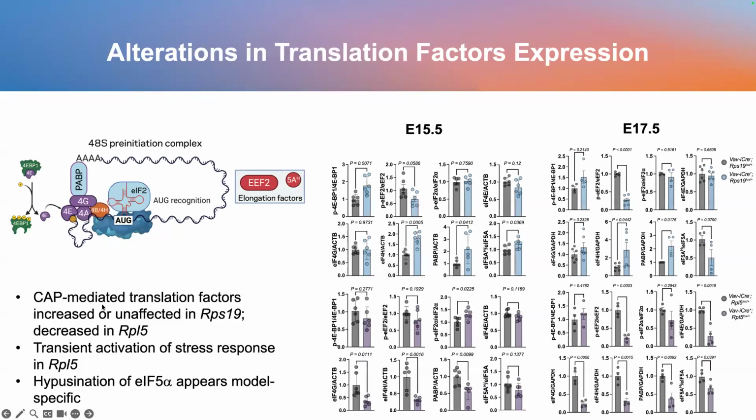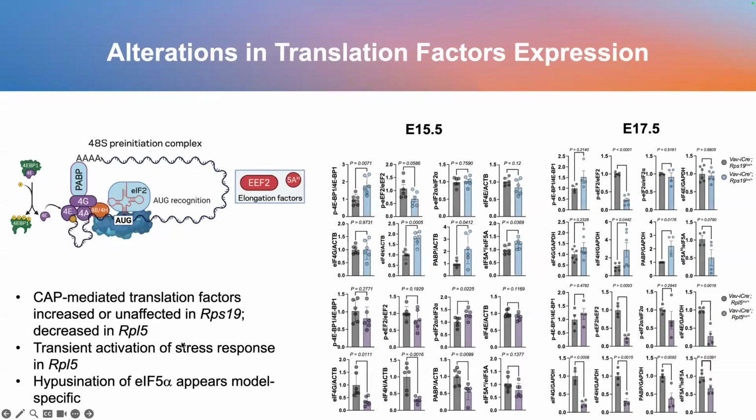But here, what we observed is that the cap-mediated translation factors, okay, were either increased, you can observe here, this one is not statistically significant, or unaffected in RPS19, while they were decreased in RPL5. Look at E, for example, here, EIF4G, this is 17.5, they were all decreased.